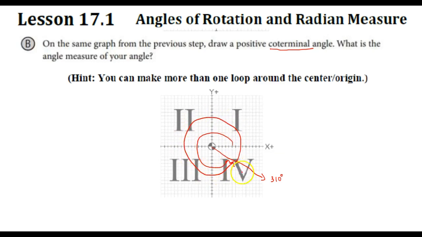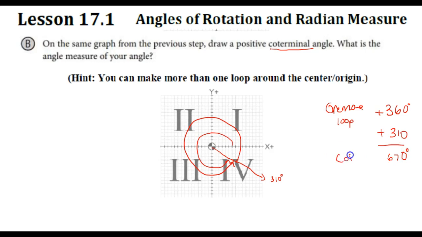And we end right back in that spot. Now because we went one more loop, we went an additional 360 degrees. So if I wanted to figure out the actual value, not only did I draw that out, but I could also add 360, that's one more loop, to 310, and figure that out, and I think that would be 670 degrees.